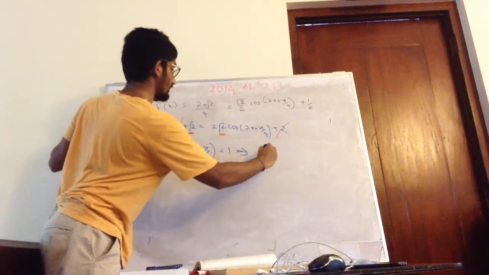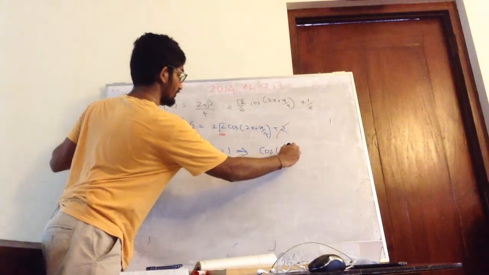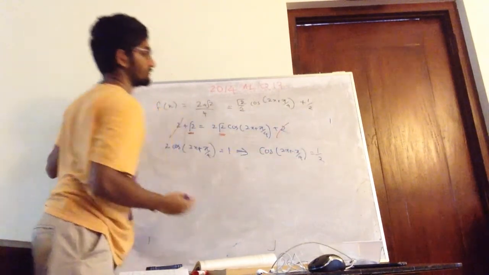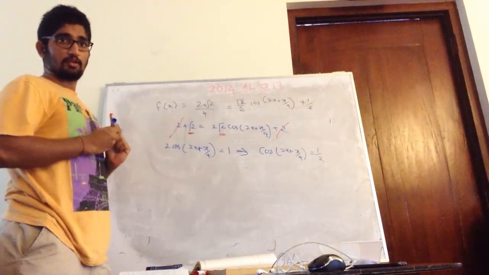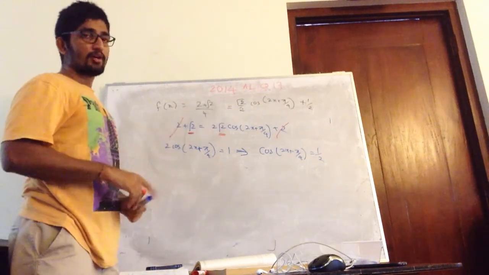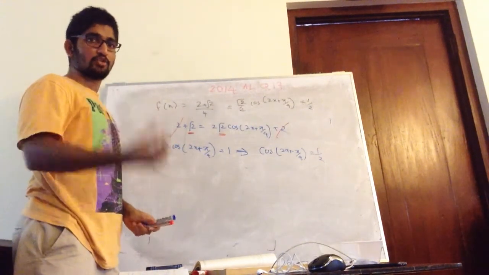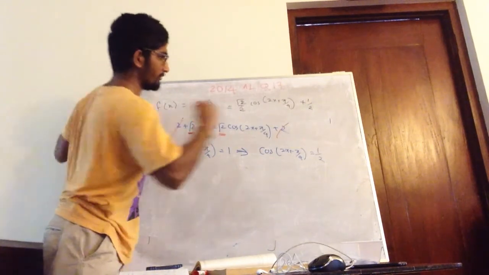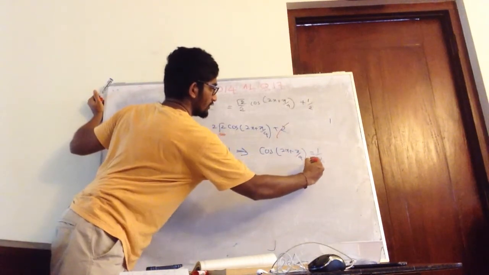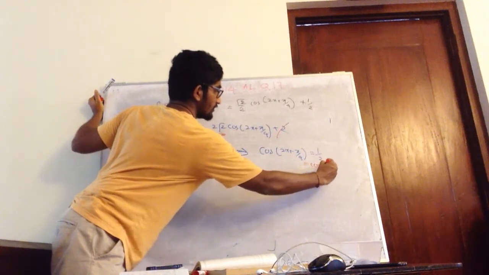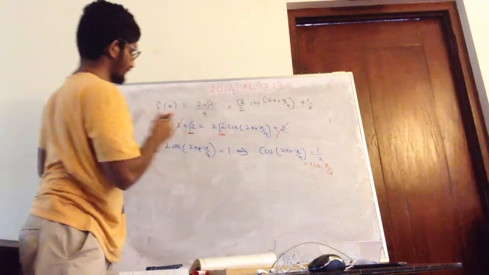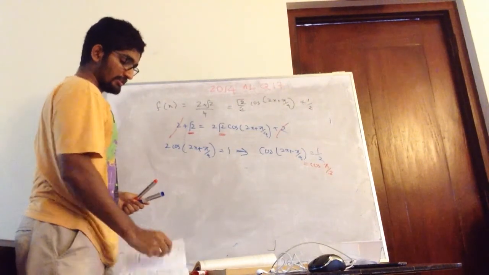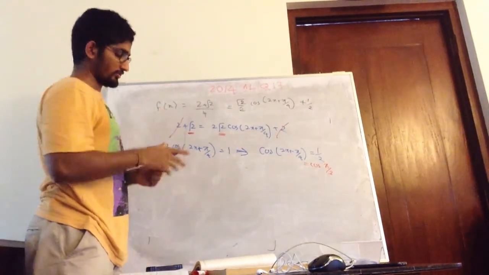So I actually get cos(2x + 5π/4) equals half. So what is half? Half can be written as cos(π/3). Now if you remember the general solution for cos.